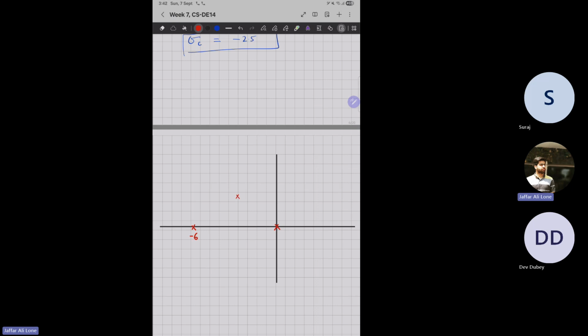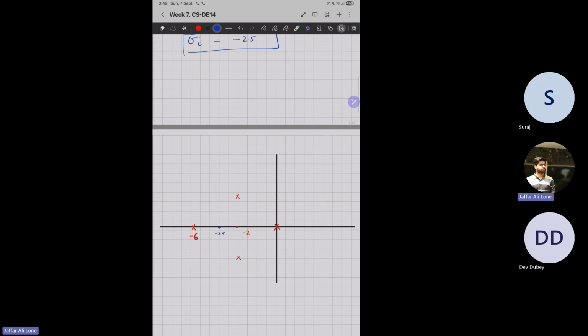So one is here, and other one is here. Okay, I just plot this. Now we have to see centroid. So this is -2 here, and my centroid is -2.5. So my centroid is somewhere here, which is -2.5.